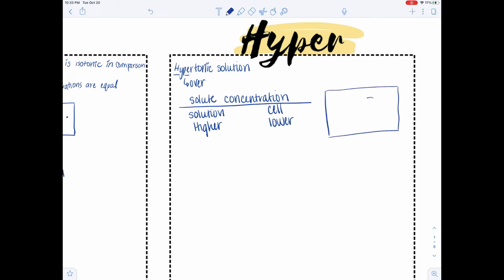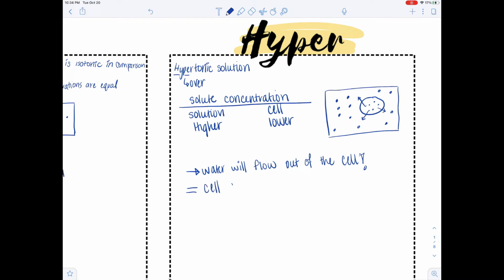So when we would look at our cell and compare it to its environment, you're going to see a lot more solute outside the cell and less solute inside the cell. This means that the water will flow out of your cell. Okay, so remember that less solute means that there's more space for water. We have a higher water concentration inside. And so the water is flowing out. This is going to lead the cell to shrink.